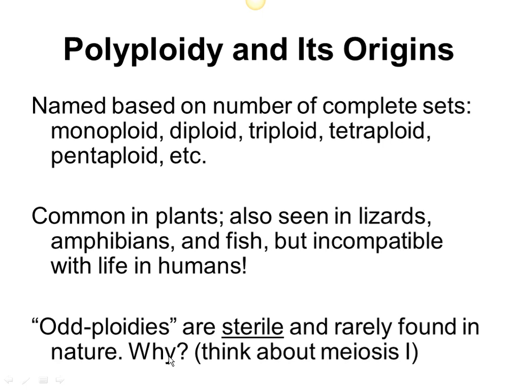Then when the homologs pair up, there will always be an extra copy of that chromosome that doesn't have anything to pair with. And that will cause meiosis to stall or to stop or abort, and meiosis won't be able to complete, and so that plant won't be able to make gametes. Or the gametes that it makes will be really messed up.